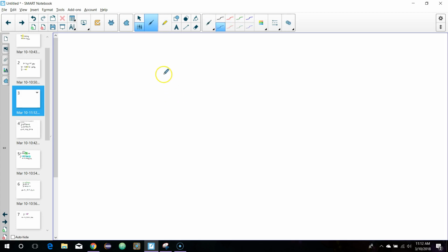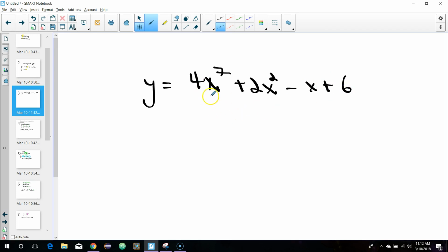Alright, I should cover this as well. Sometimes an expression looks like this: 4x to the power of 7 plus 2x squared times x to the 6. I have to cover this just in case, because you may think, well, I have the x squared. However, the highest power has to be 2.